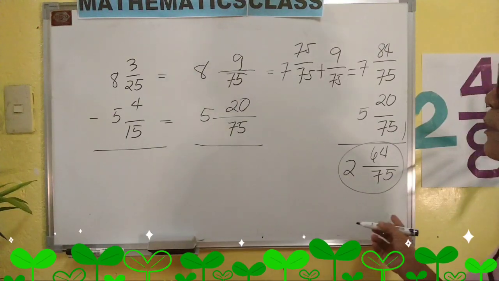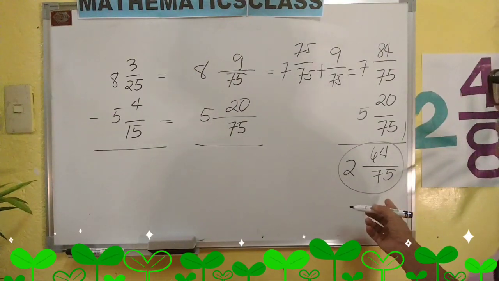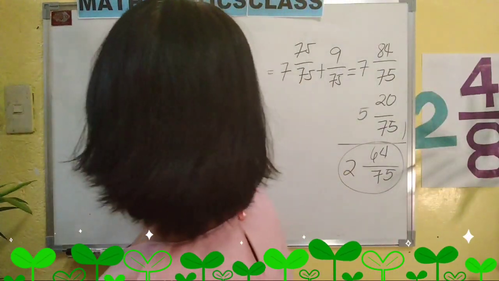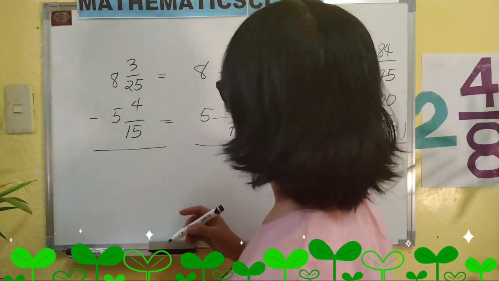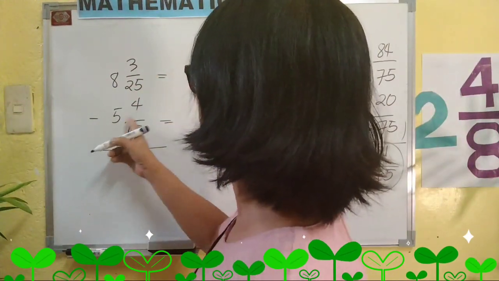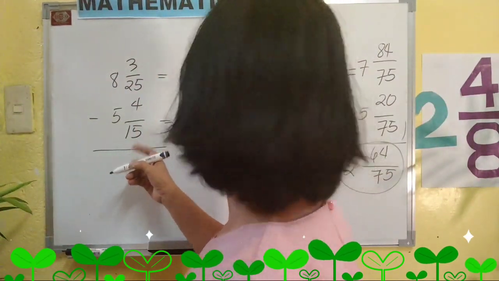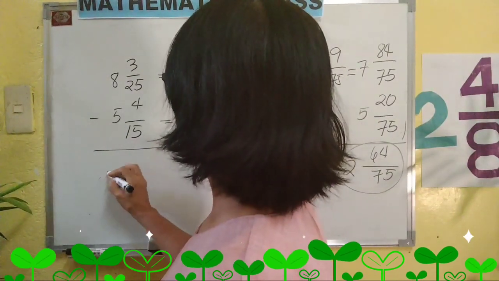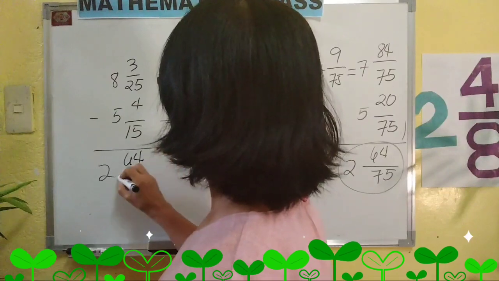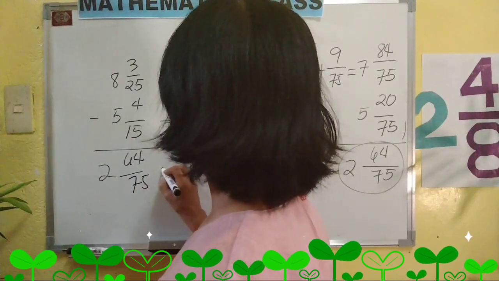Therefore, 8 and 3/25 minus 5 and 4/15 equals 2 and 64 over 75.